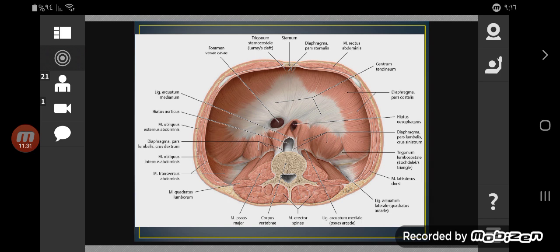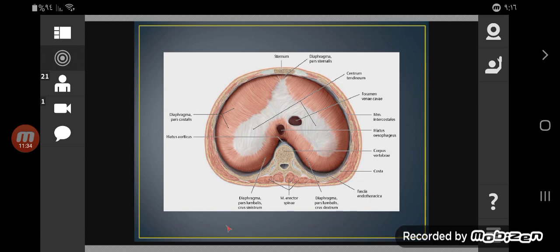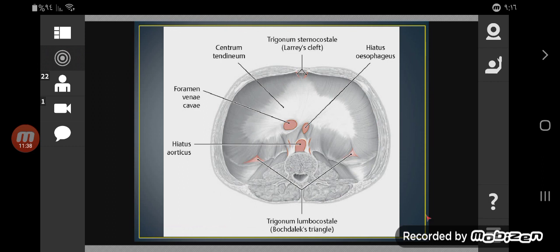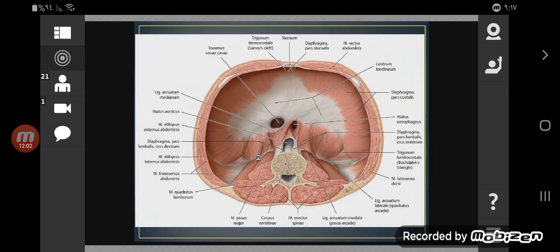Of course, we have other gaps between the muscle attachments of the diaphragm. For example, here between the costal and sternal attachments of the diaphragm, you have a gap. We call it Larrey's cleft. Sometimes herniation from the abdomen into the thorax occurs through this gap on each side.